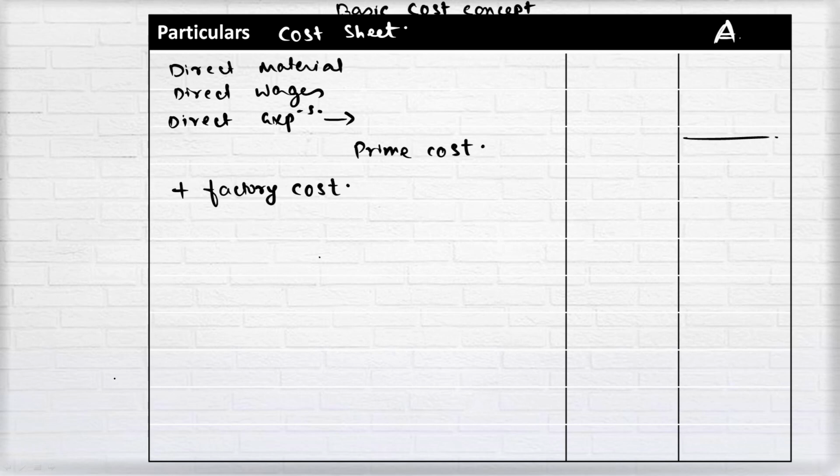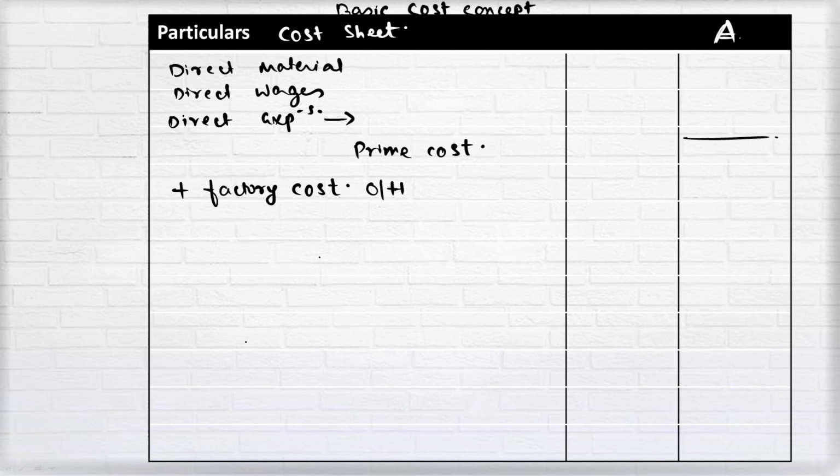So this factory cost are termed as what? Overhead. And say 3 lakh rupees is factory cost, and each product is equally using the factory, A, B and C. What will be given to A? 1 lakh. What will be given to B? 1 lakh. What will be given to C? 1 lakh.